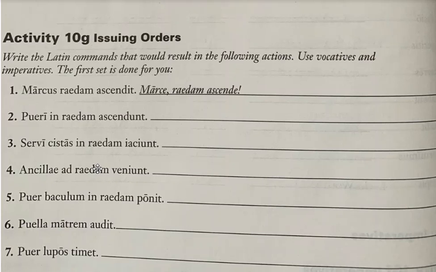So in each sentence, all you're doing is taking the subject, making it vocative, changing it if necessary. For the most part, you won't have to change these, except this example gives you one where the -us name becomes Marce, but for most of them, it will look exactly like it does now, but then you will turn the verb into an imperative verb.